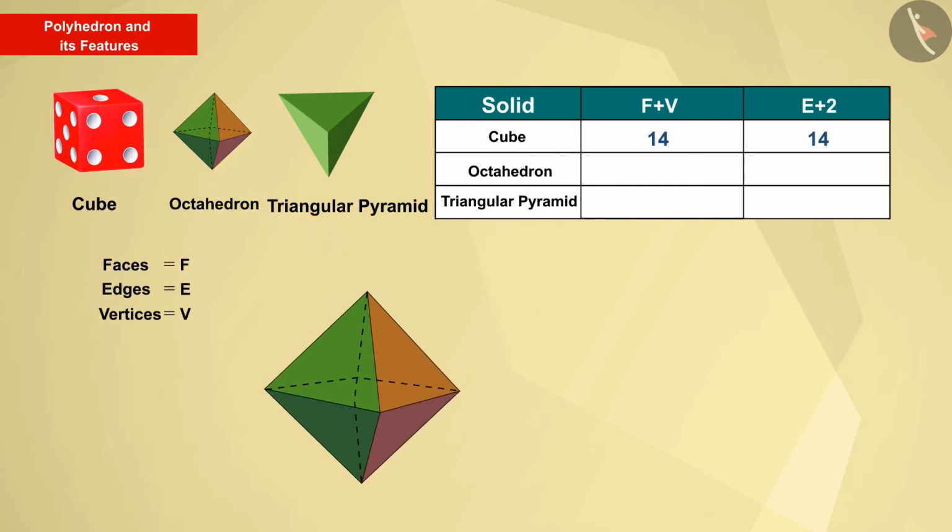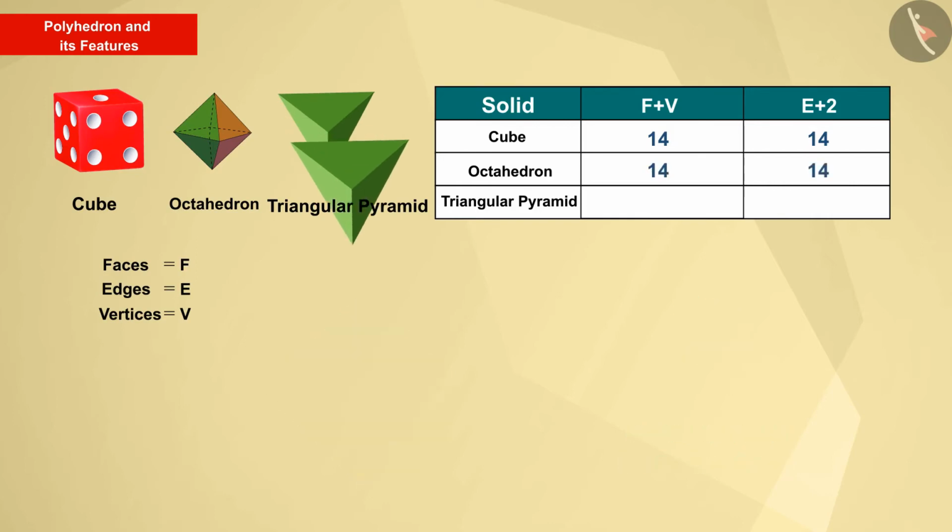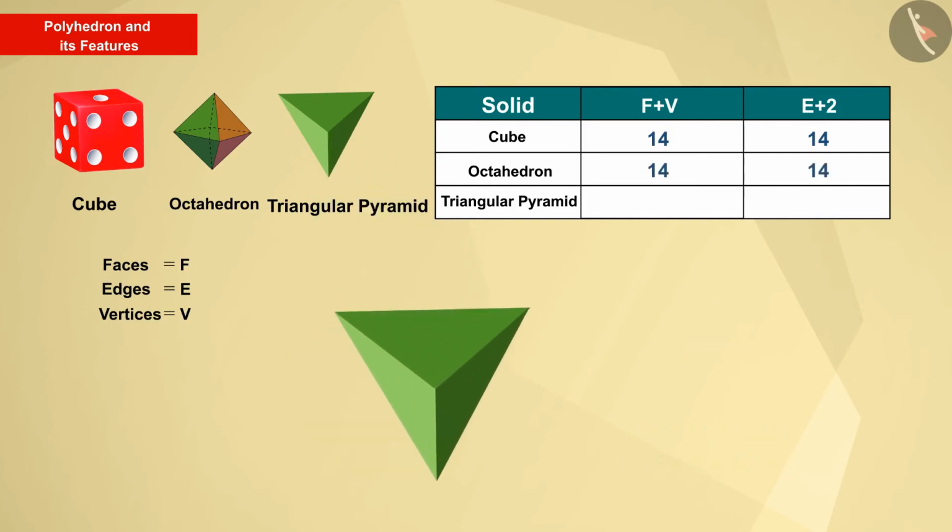As we can see, the octahedron has 8 faces, 12 edges, and 6 vertices. Here also, we can see that the sum of F and V is 14, and the sum of E and 2 is also 14.